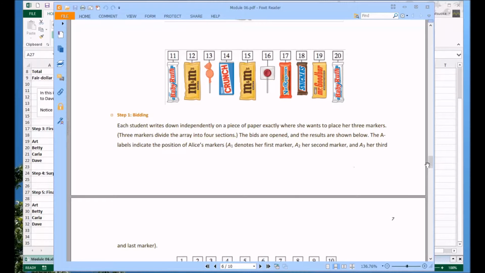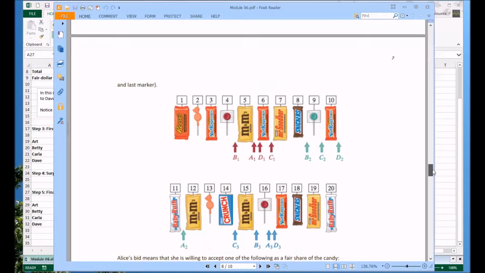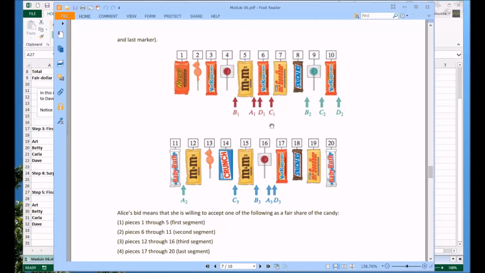For Alice, for example, let's label Alice's markers as A1, the first marker for Alice, A2 for her second marker, and A3 for her third marker. So for Alice, this is a fair share. This up to 11 will be a fair share, and then from 12 to 16 will be a fair share.